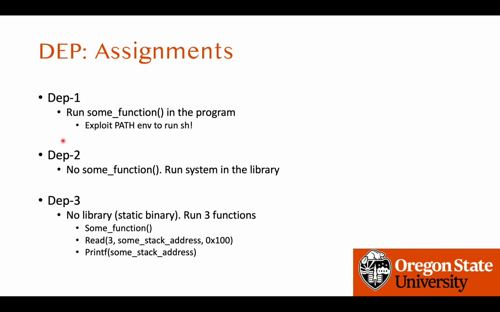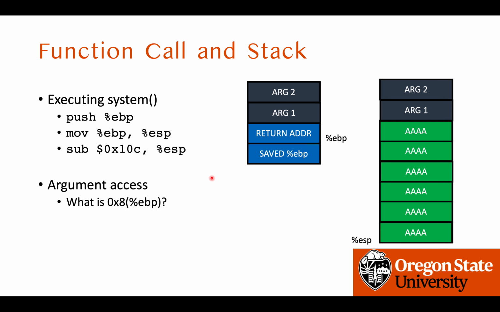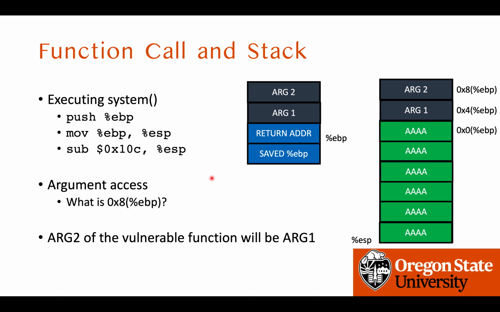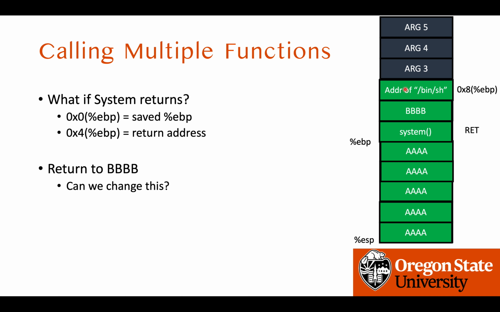And in the challenge DEP 2, there is no sum function, so you need to find the system function in the library and call that with the /bin/sh as an argument. You can do that, and please refer to this diagram to fill the buffer and system and the first argument as the address of the /bin/sh.